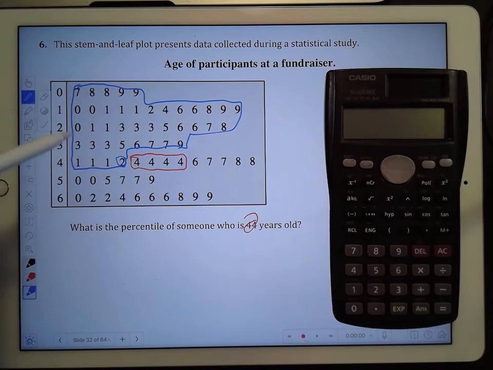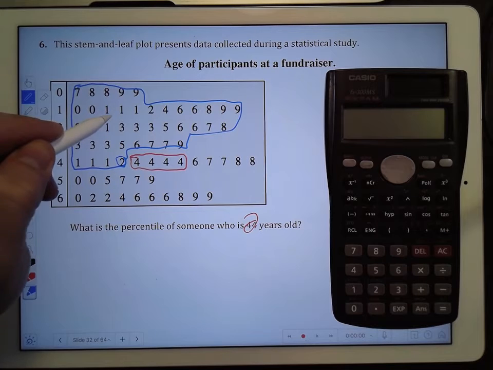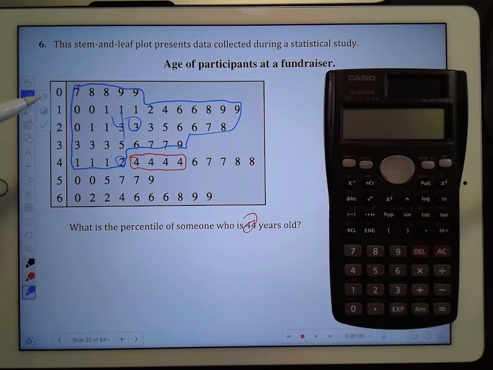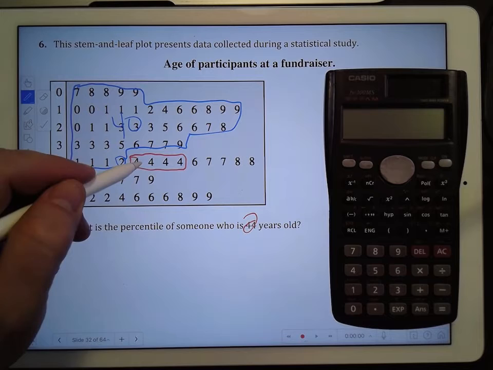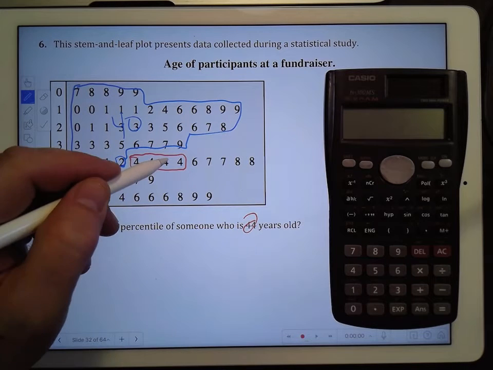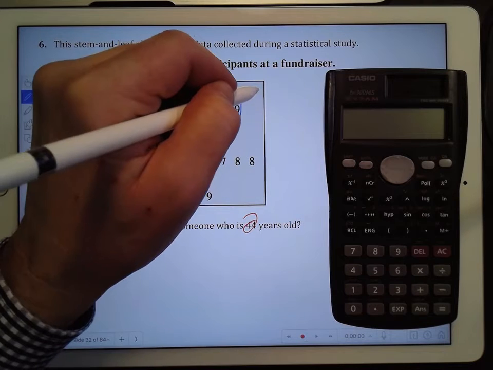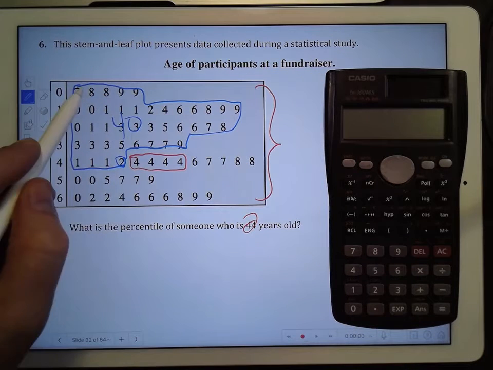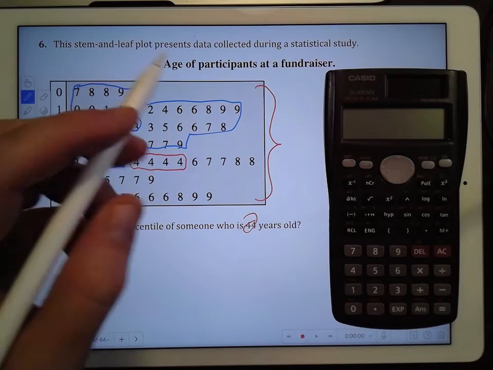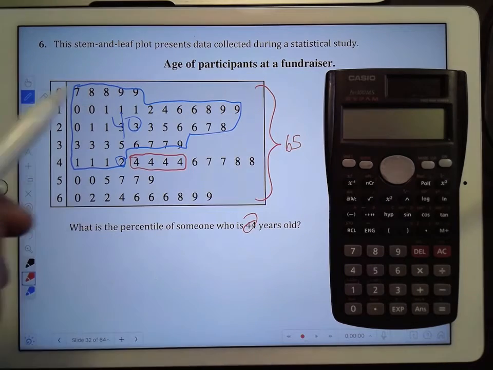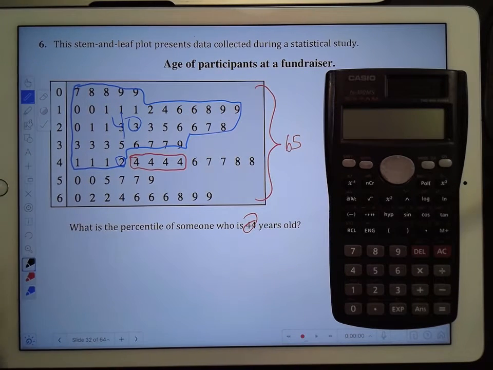Turns out when you count all of these up that you get 40. So we have 40 below 44, 4 of them at 44, and the total number of data out of the entire stem and leaf plot, if you count up every single one, is 65. So those are the 3 core numbers that we need for that percentile calculation.